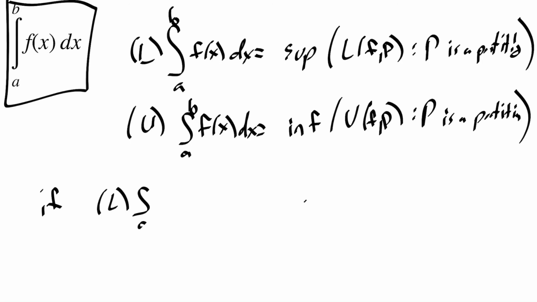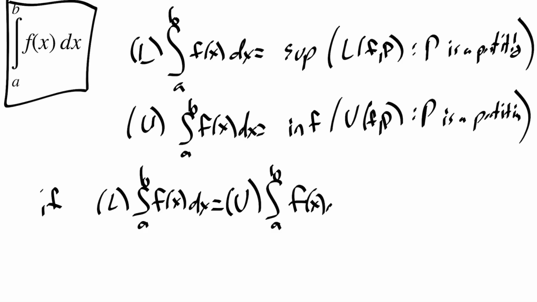And what we'll see is that if the lower integral equals the upper integral, then that is what we're going to call our integral, the integral from a to b of f of x dx.